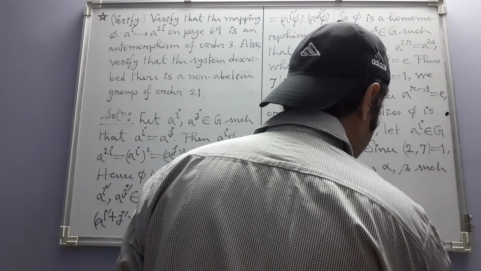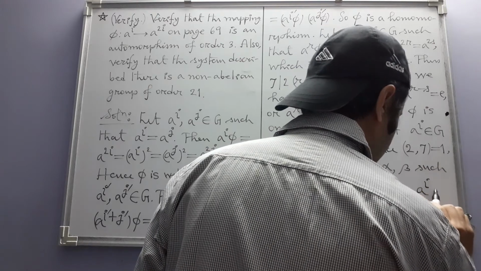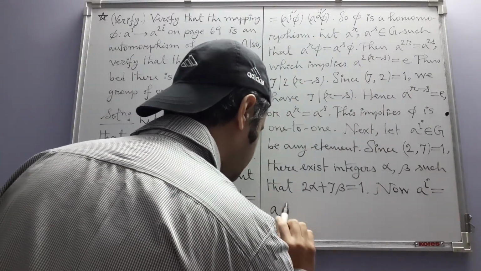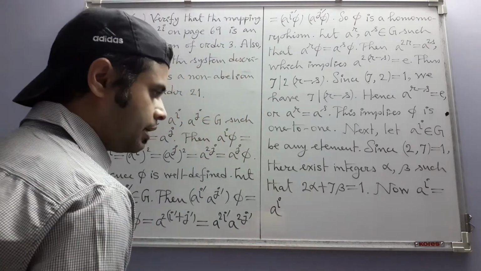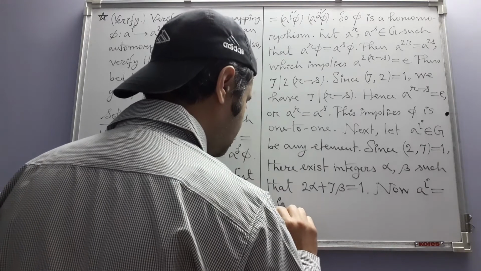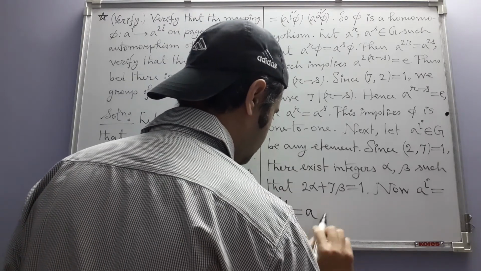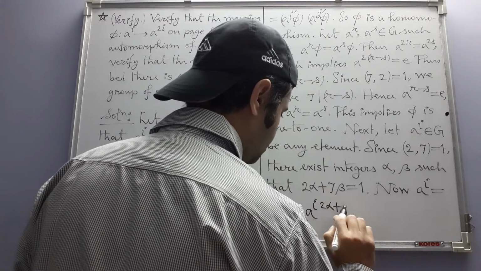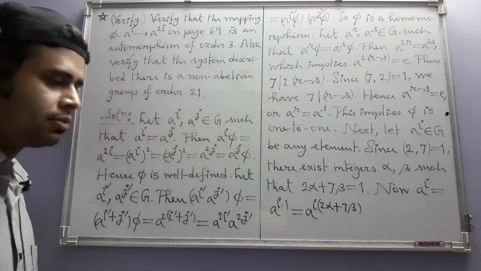Now, a to the power i can be written as a to the power i times 1, so in place of 1 we can write 2 alpha plus 7 beta.